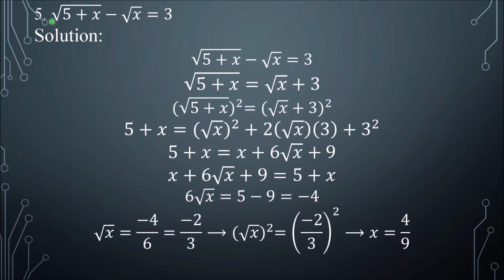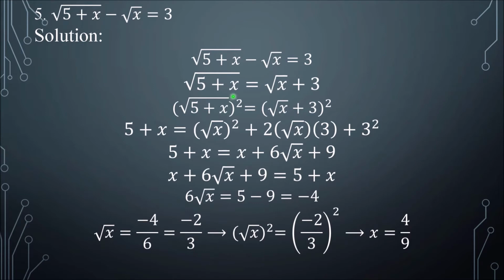Number 5, square root of 5 plus x minus the square root of x is equal to 3. Now, first, we need to transfer square root of x to the other side. So this is one method only. You can actually use another method.